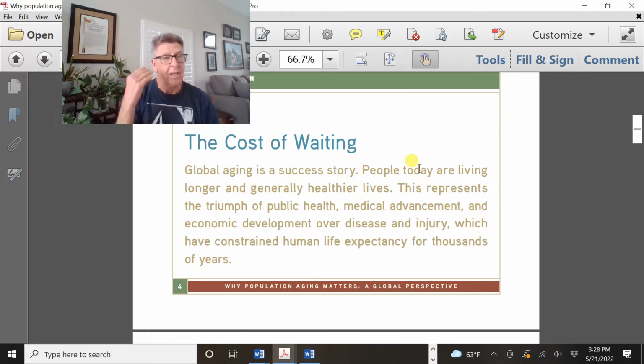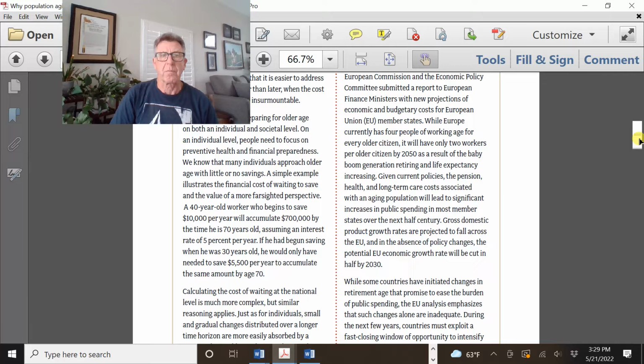There's no different drill here. You cannot wait on this. You need to think about the future, and think about medical advancement, economic development, and what's going on.